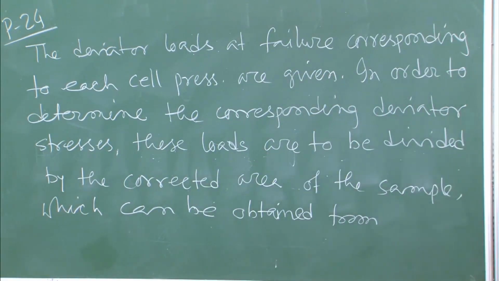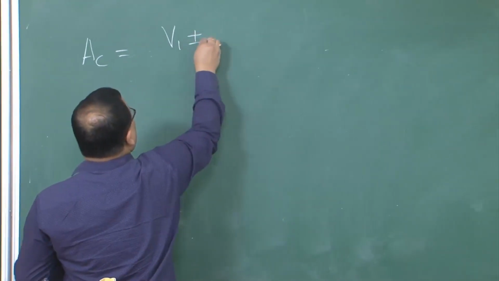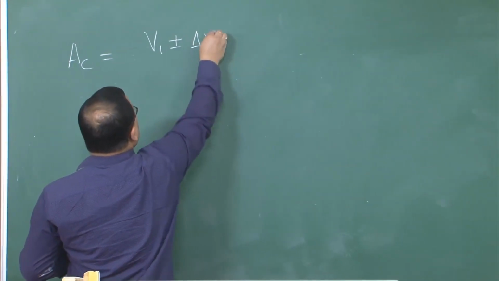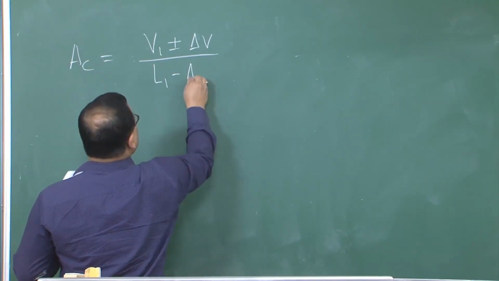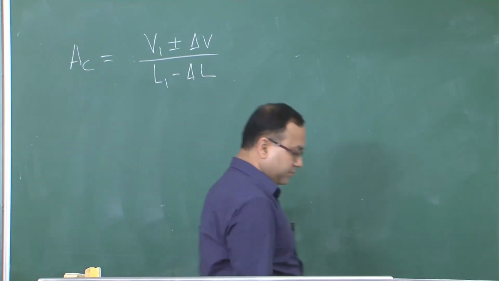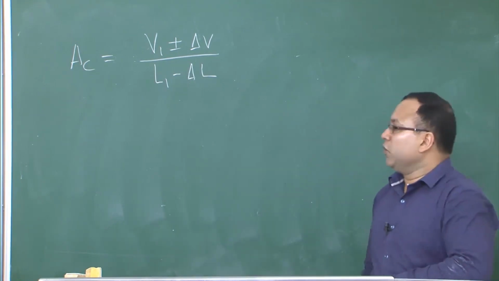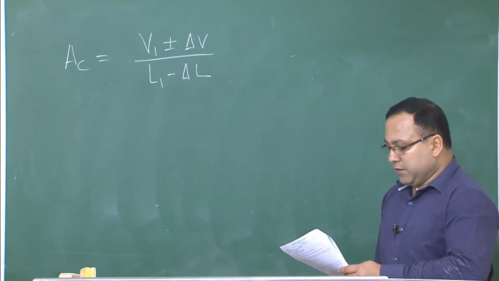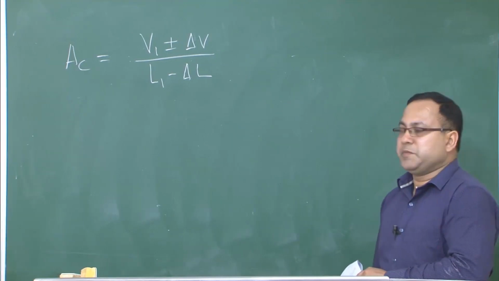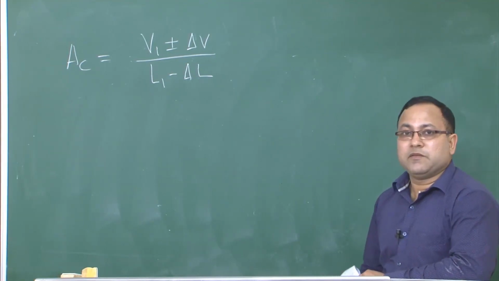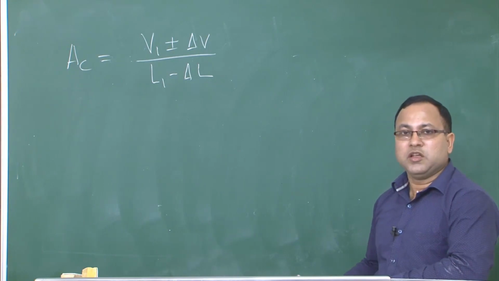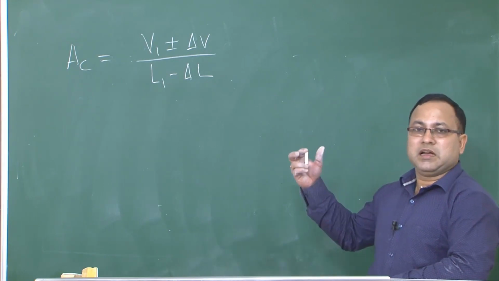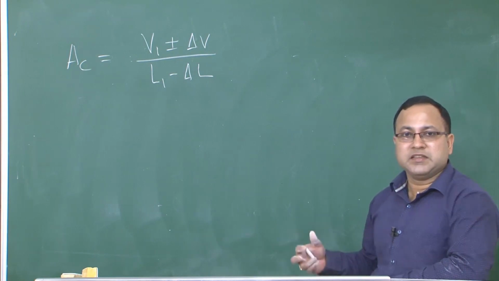AC is equal to (V1 plus minus delta V) divided by (L1 minus delta L). Okay. So, where V1 is the initial volume of the specimen, delta V is the volume change. Now, it could be additive, it could be subtractive, depending on whether you are getting the increase in the volume or decrease in the volume.